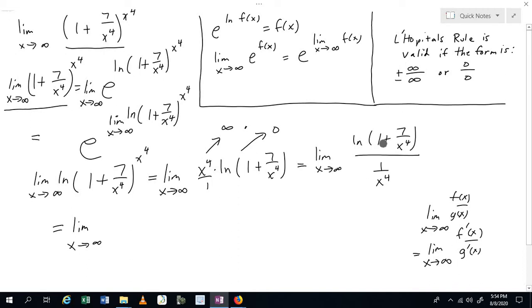Okay, so basically we need to find the derivative of the top one and divide it by the derivative of the bottom one, and then evaluate the limit as x goes to infinity, and that'll be the same as this limit. Okay? So what I'm going to do here is find the derivative of the top piece on the side, and then once I'm done, I'll just fill it in up here. Okay, so let's find the derivative of this top piece.